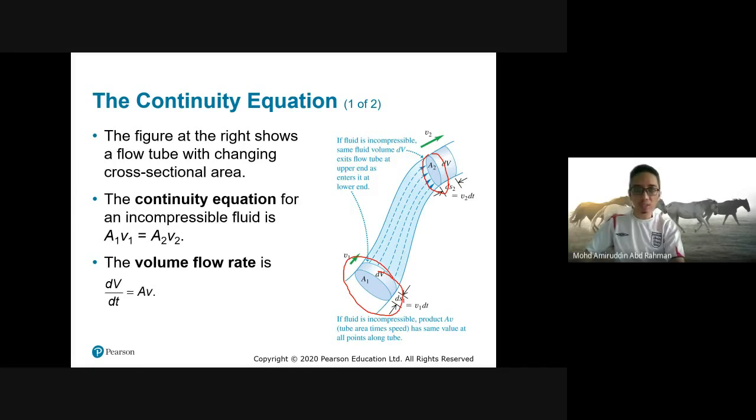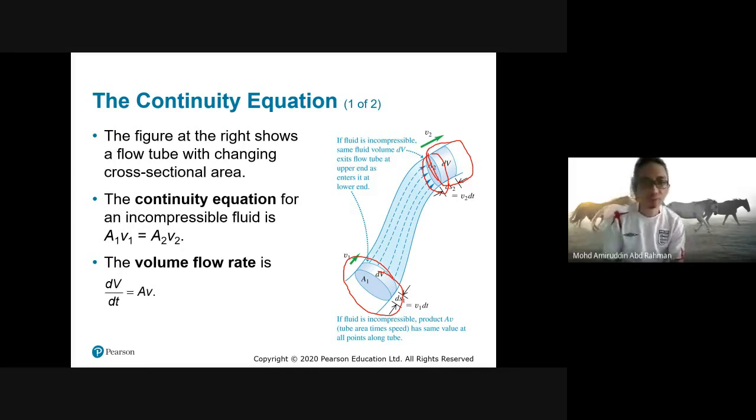So it will have a similar volume that exits at the other end of the flow line.